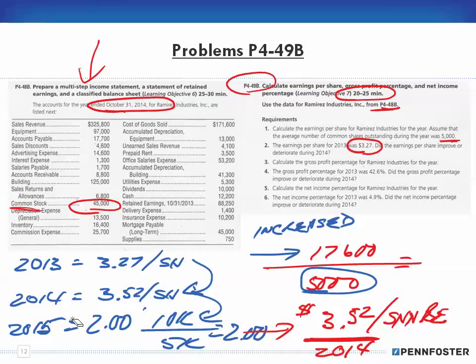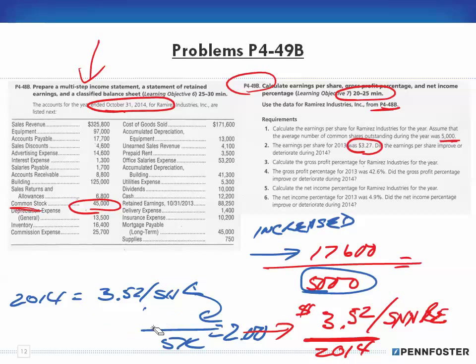You just realize that it does you no good just to have earnings per share. For example, if you don't have any other information other than you just calculated your earnings per share for 2014 at $3.52, that doesn't tell you anything. It's just a number. Sure, it's a positive number, so you know that I'm making $3.50 for each and every share, and that's a good thing because it is positive.